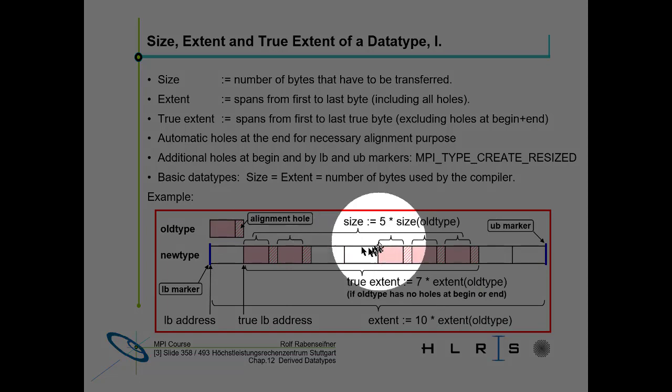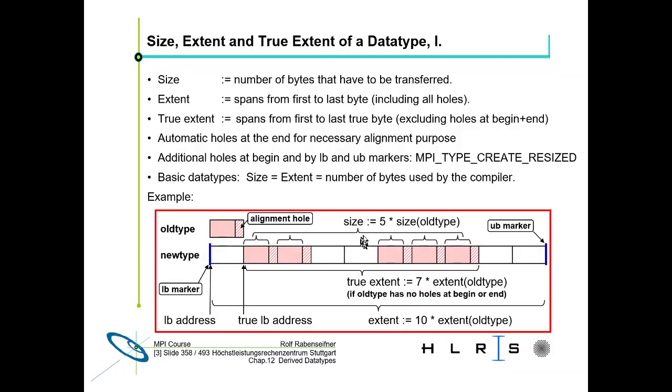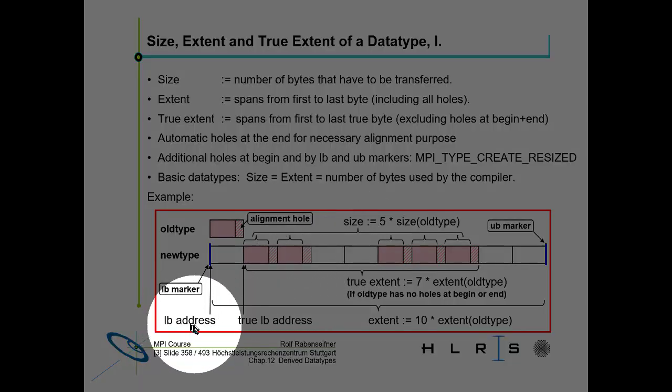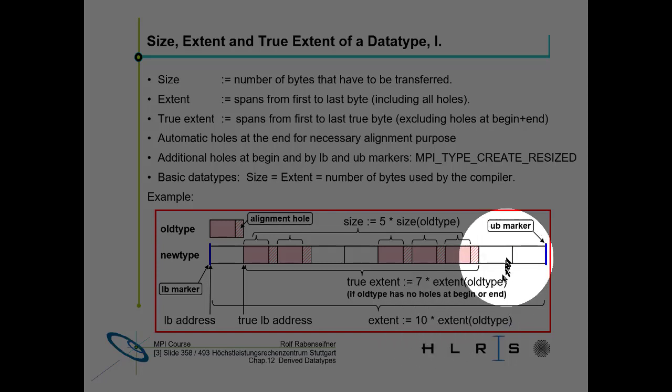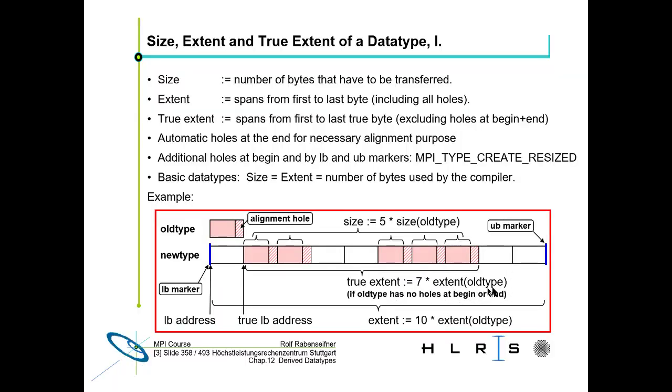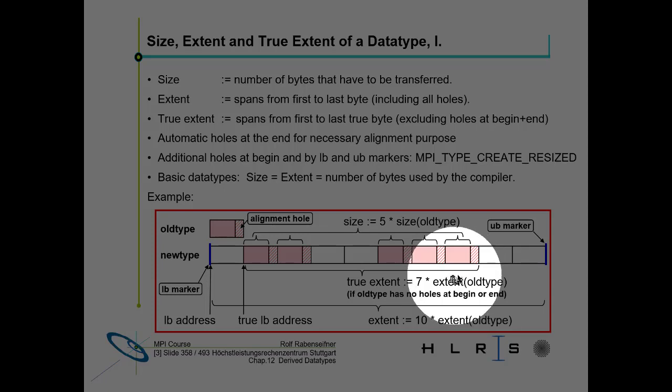Those are holes, they do not count towards the size of the data type. So we have the LB address and the true LB address, and we have the UB marker and the true UB marker at the end. So the true extent is 7 times the old extent.